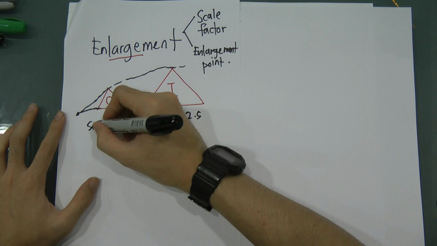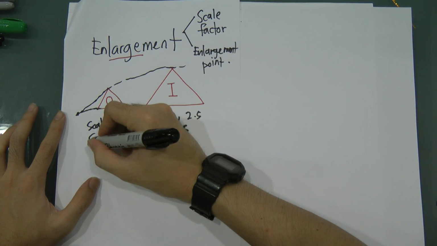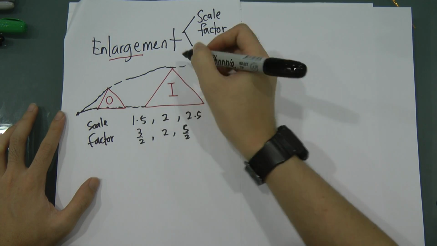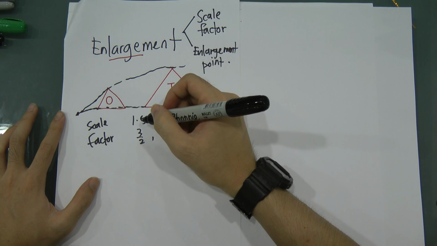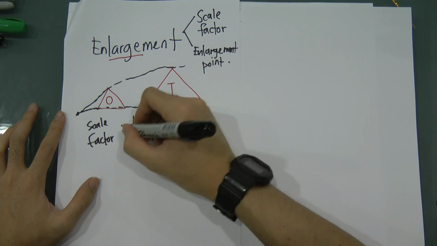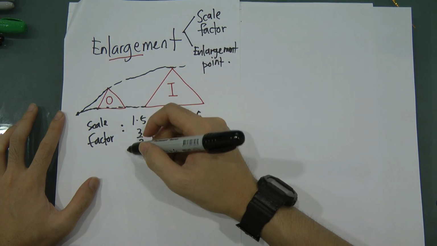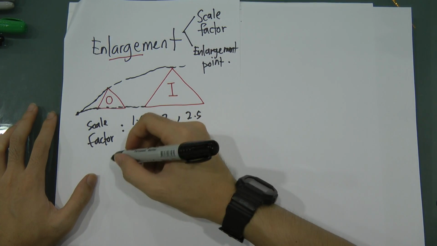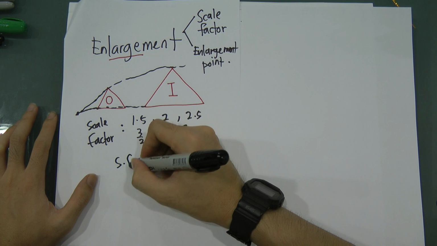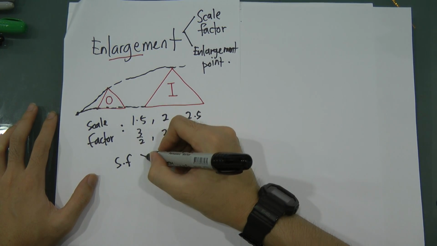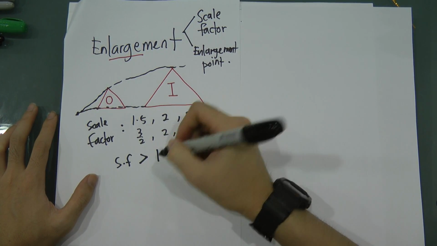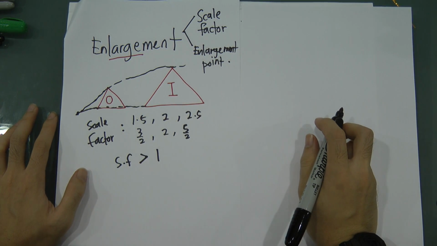This is the scale factor when the image is bigger than the object. So we come up with a conclusion: if the image is bigger than the object, the scale factor has to be bigger than 1.